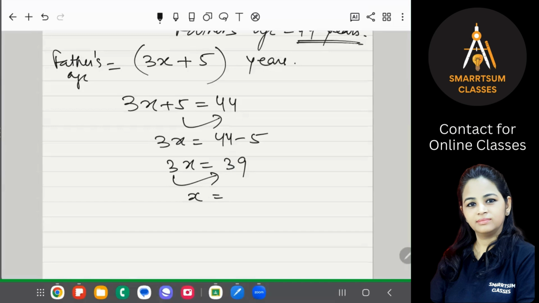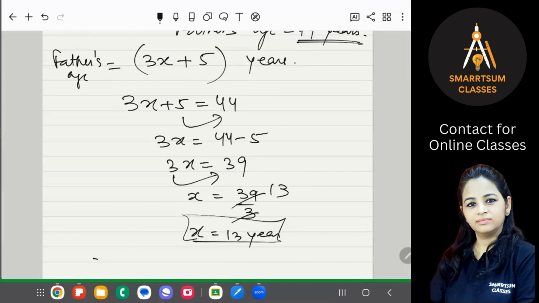The variable is x, which we have kept on this side, and we are taking 3 to the other side. Since it is multiplication with x, when you take it to the other side, it will go in division to 39. So x will be 13. Right? So what we have assumed as x? Raju's age. Therefore, Raju's age is 13 years.